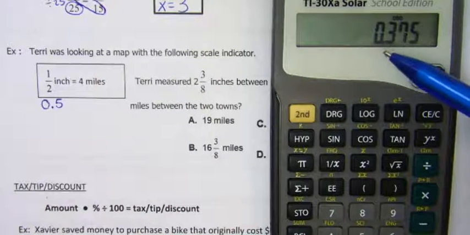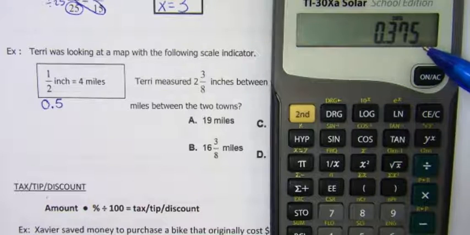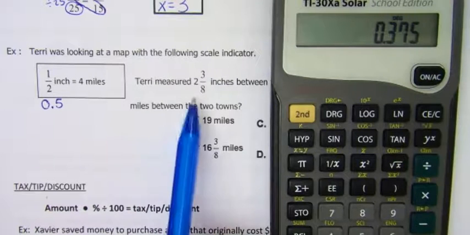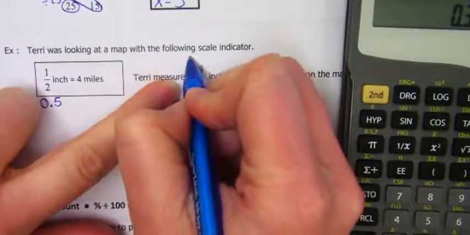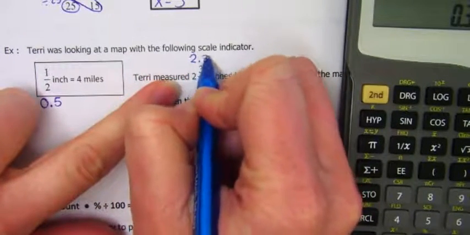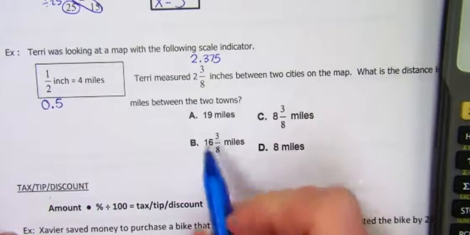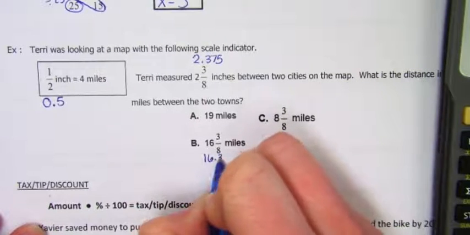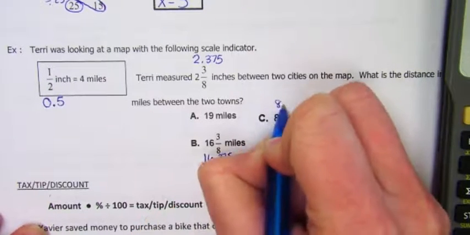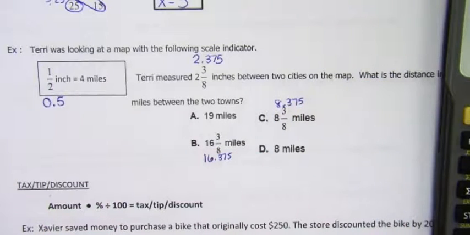My calculator says 0.375, but I'm not going to keep the 0 because if you look over here, it's a 2. So I'm going to put 2.375. And I now know that 3/8 is also going to be 0.375. That way I just don't have to deal with my fractions.